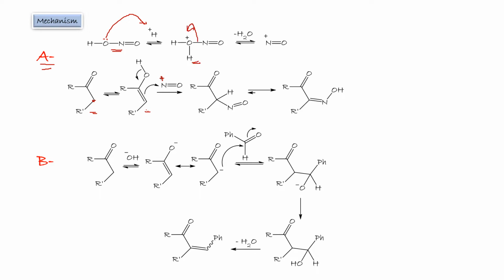Elimination of water will give this NO plus. So upon reaction with this, it will form N-nitroso, which again tautomerizes to oxime. We can draw it this way, with intra or inter hydrogen transfer.